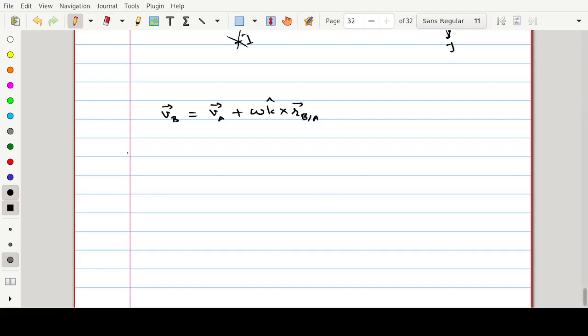This is a vector equation, so in some cases you might be given the direction of velocity B or the magnitude of VB or components of VB. You could also be given the magnitude, direction or components of VA. So you have to expand this into two equations, an x equation and a y equation, and find whatever is required, omega or VB or VA.